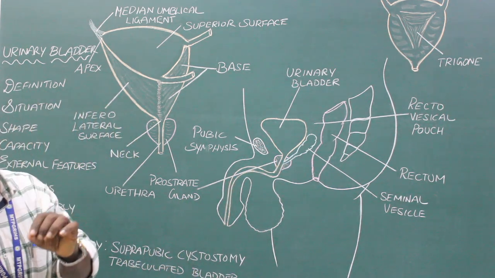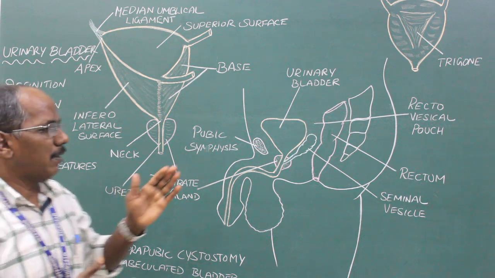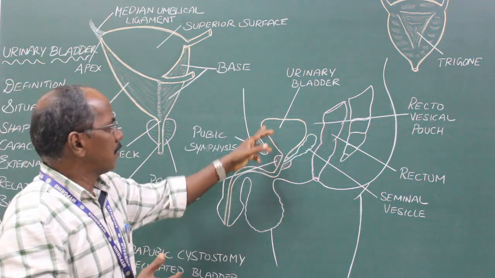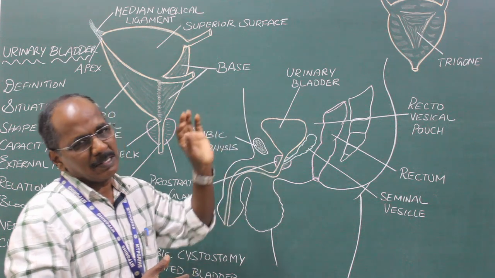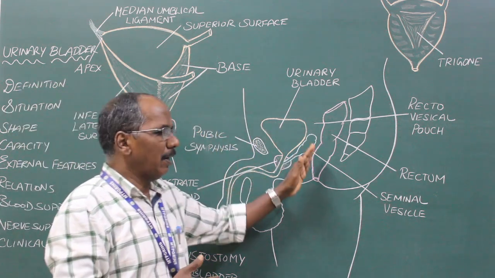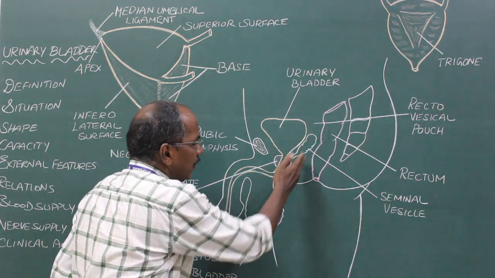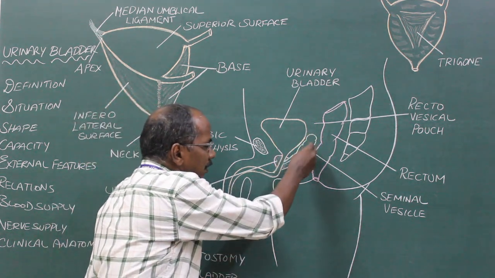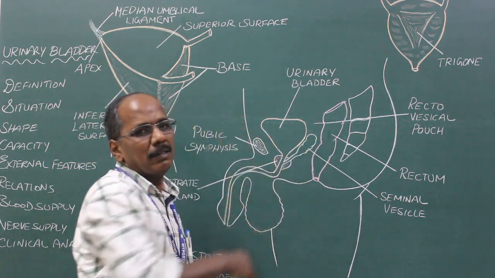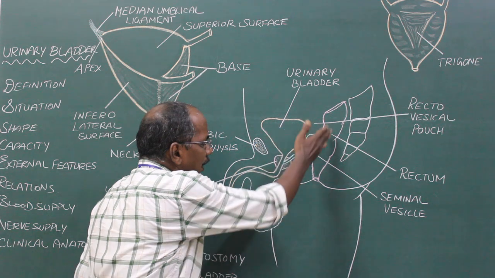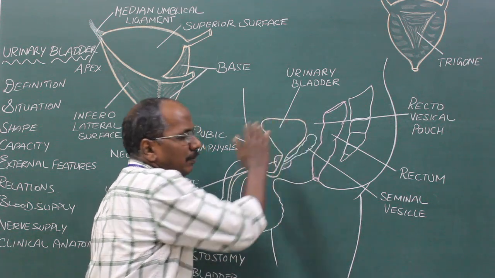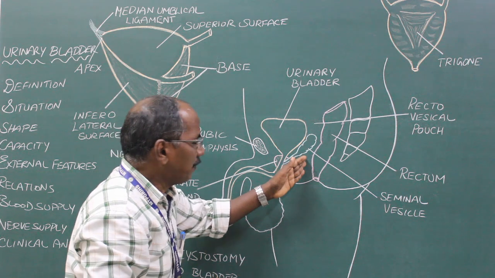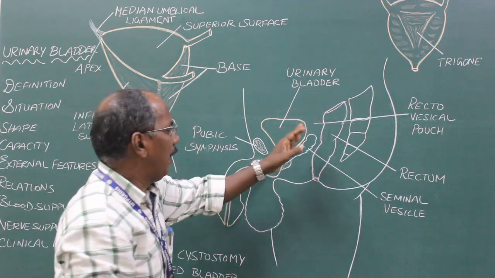In case of female, it is related anteriorly to the pubic symphysis, superiorly to the coils of small intestine, and posteriorly to the cervix of the uterus and vagina. So between the urinary bladder and the rectum, the vagina and the cervix are present.